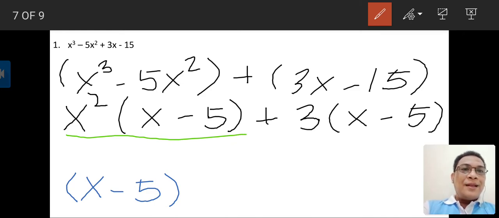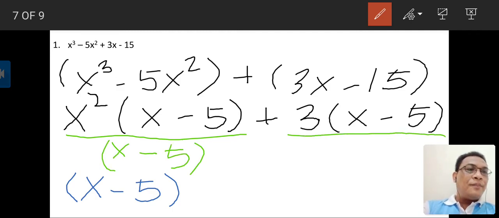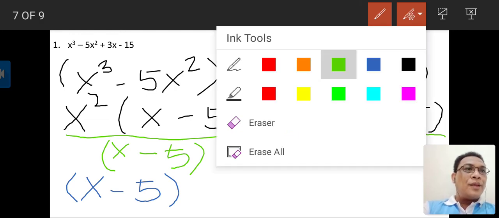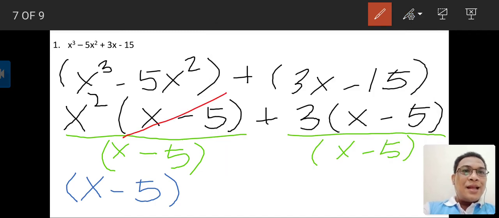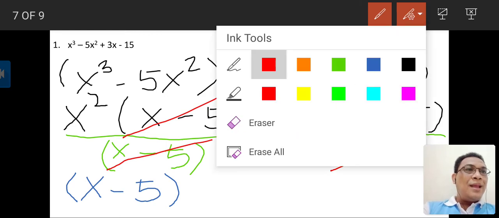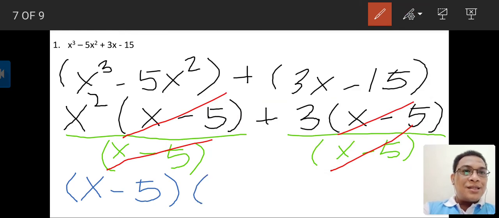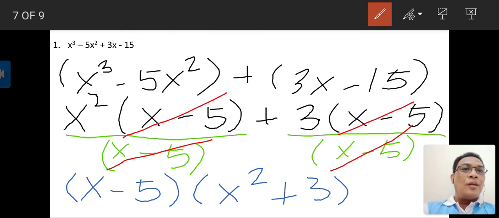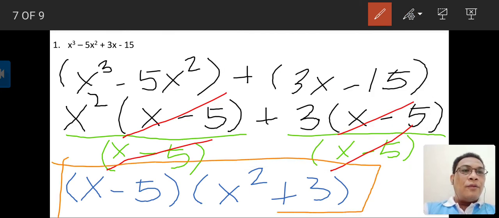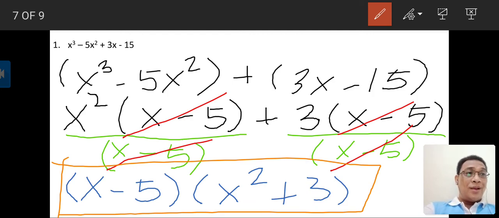You have to divide that by your GCF, x minus 5. Your second group, that will be x minus 5. So this will be cancelled out, and that will be cancelled out, and what remains is the other factor, which is x squared plus 3. So that is the factor form for number 1.